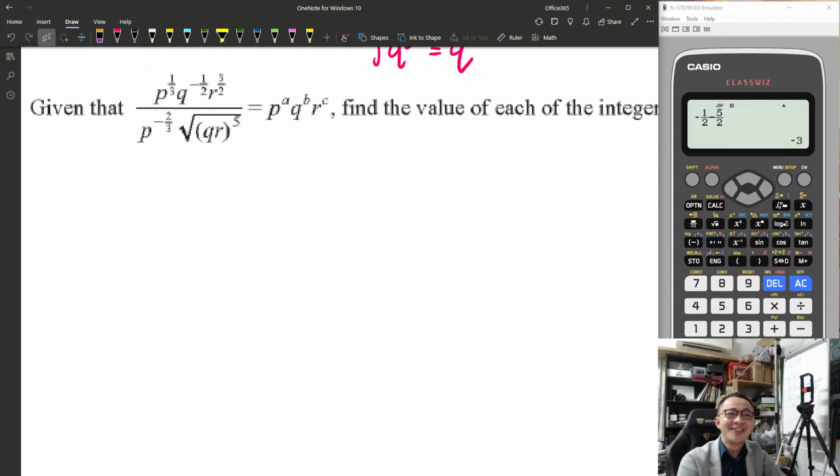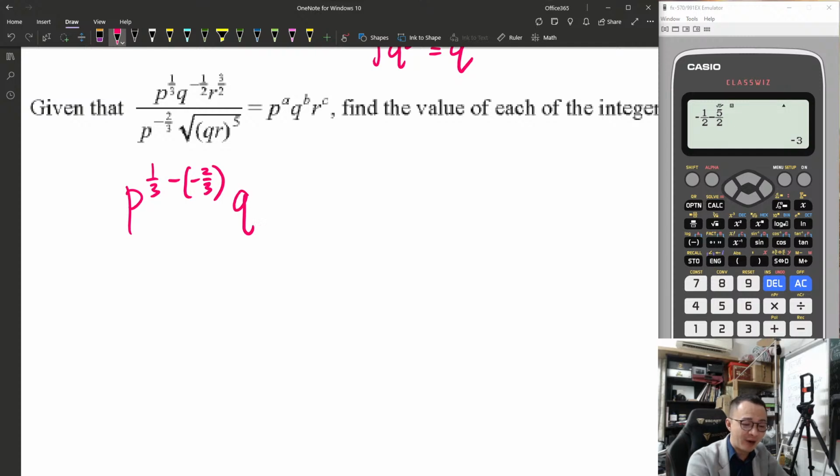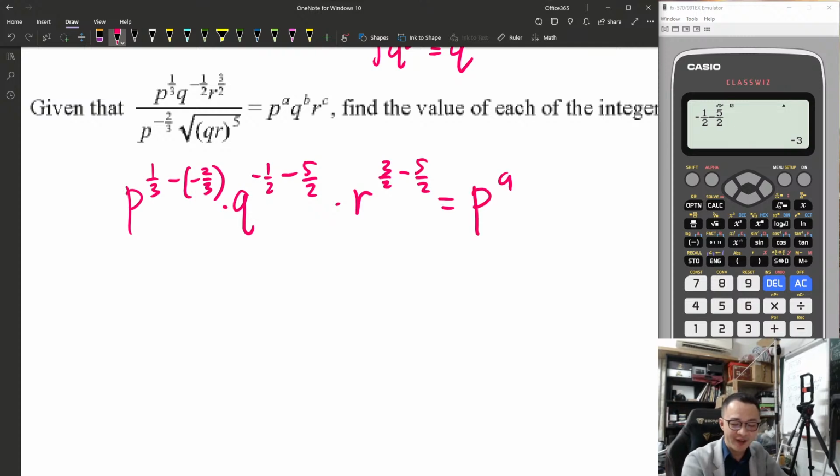Okay, so if I want to write it nicely, this is what I will do. I will say p power 1 over 3 minus negative 2 over 3. Then I will say q power of negative 1 over 2 minus 5 over 2. There's a multiplier, right? Then r power of 3 over 2 and then minus 5 over 2 equals p power of a, q power of b, r power of c.